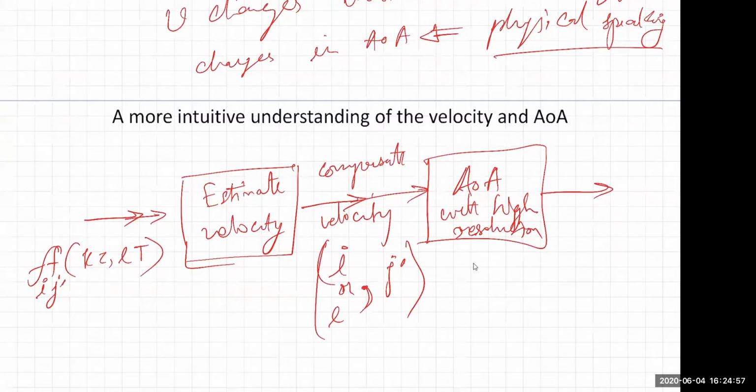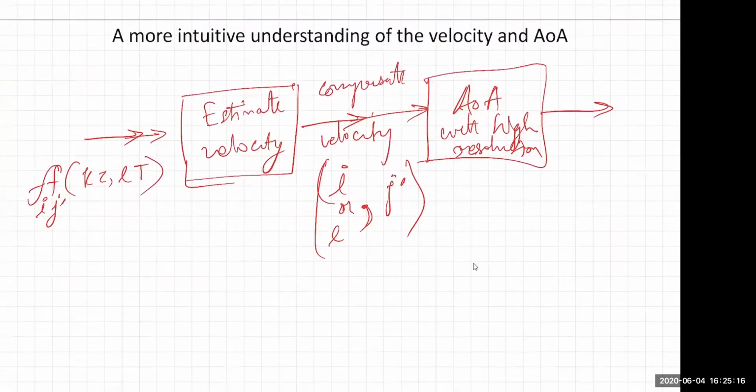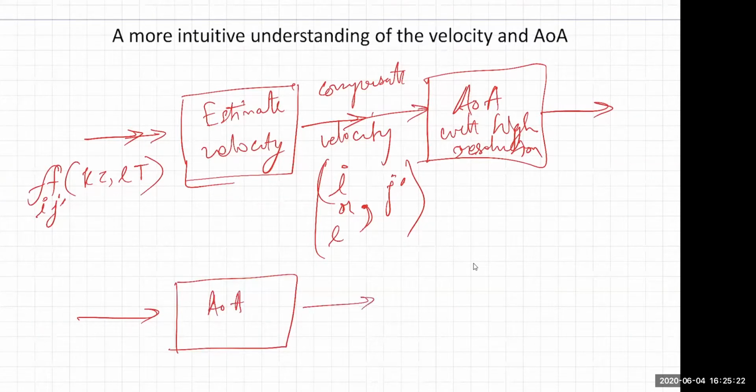Who's here? How about Puneet? Yes, because once we are able to estimate velocity, then a virtual RX array helps us in increasing the resolution for AOA. So let me ask a different question: why not do this the other way around? First estimate AOA, then do velocity.